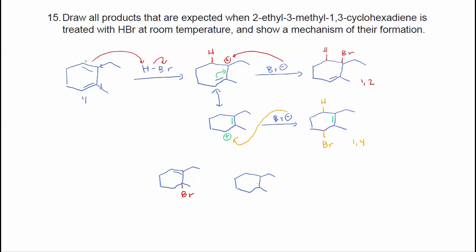And for the 1,4, your bromine would end up here. So you can get a nice mess of products there.